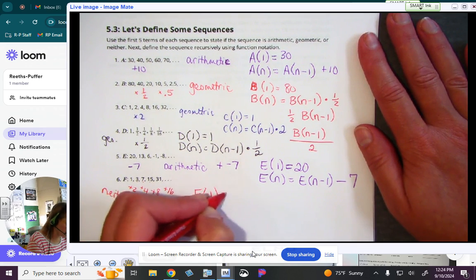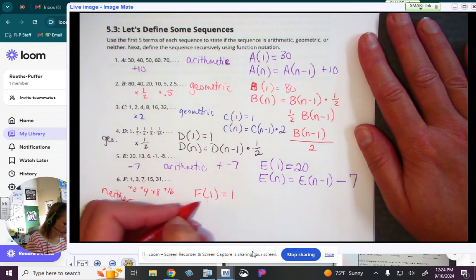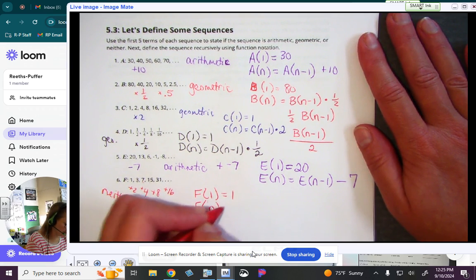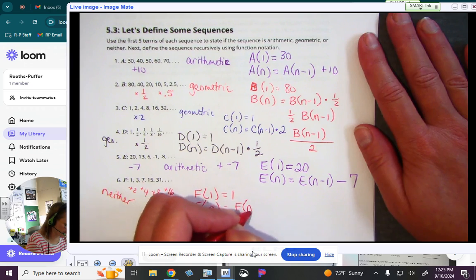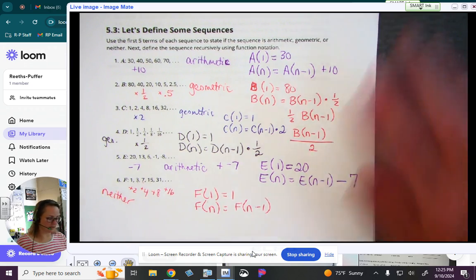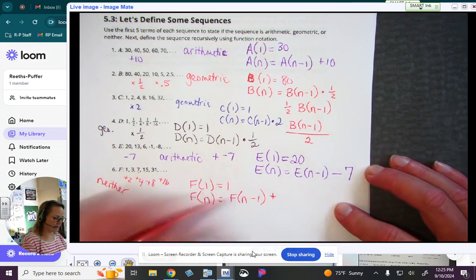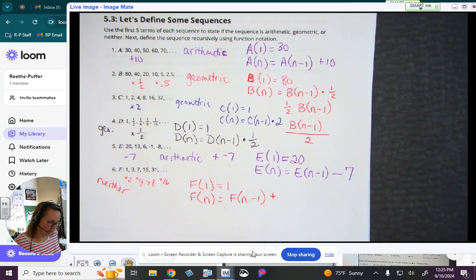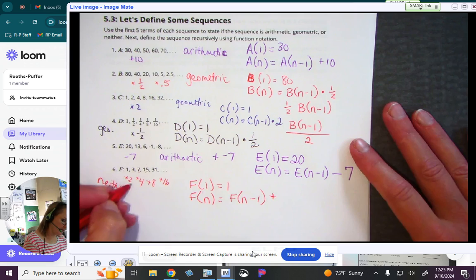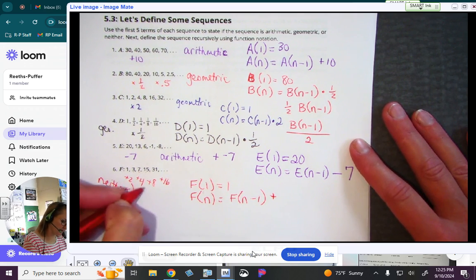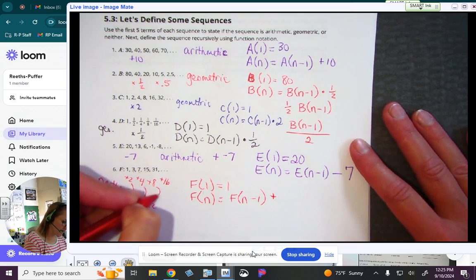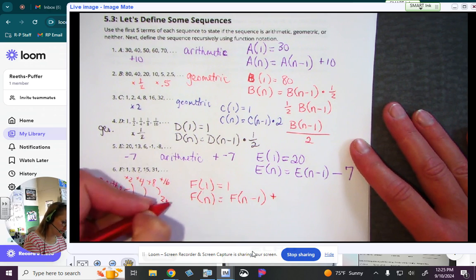But I can tell you that it starts with the number 1, and it takes the term before it and adds, well, let's see, this is 2 times 1, this is 2 times 2, this is 2 times 4.